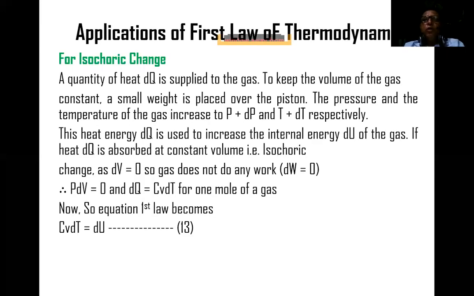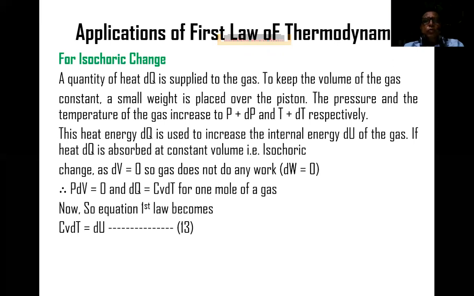Applications of first law of thermodynamics in isochoric change. A quantity of heat dq is supplied to the gas to keep the volume of the gas constant. A small weight is placed over the piston.